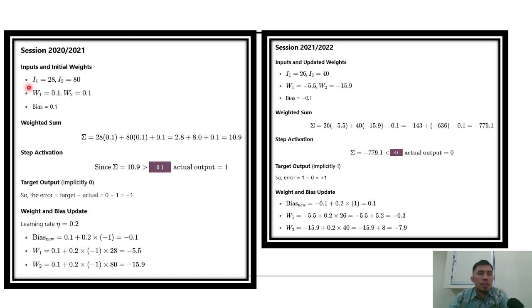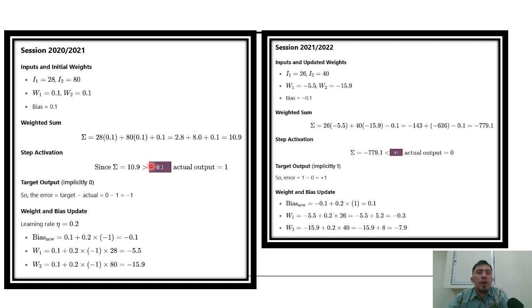This is the calculation according to the season. We start with the first season, 2021. Firstly, we obtain the input and initial weight, and the bias is 0.1, and then we do the calculation. Here we are using the step activation function, it's not linear, it's a threshold.